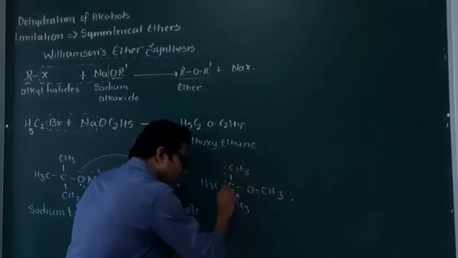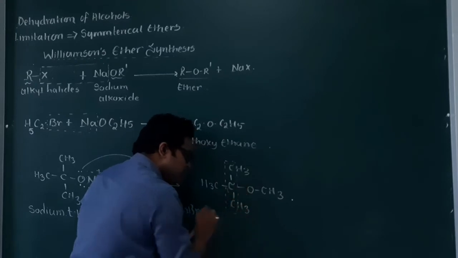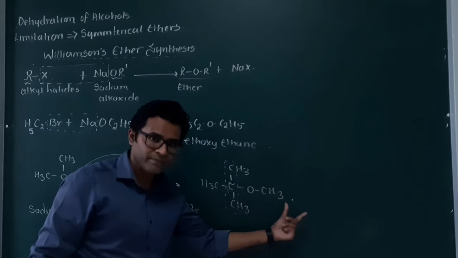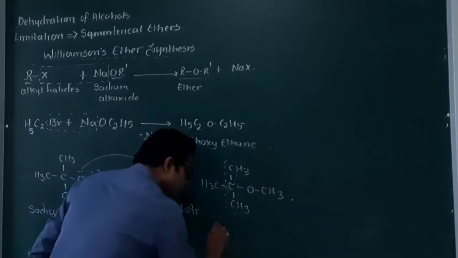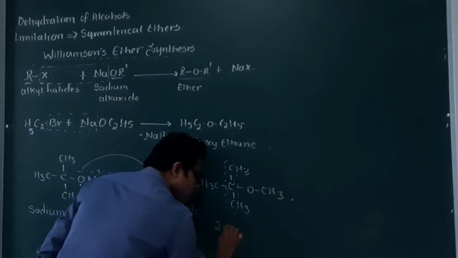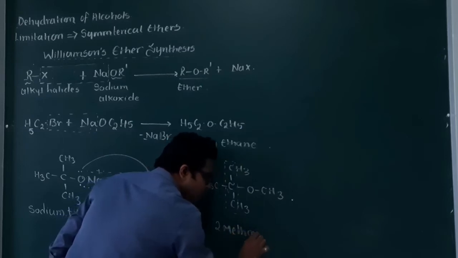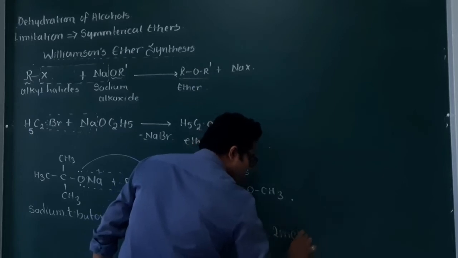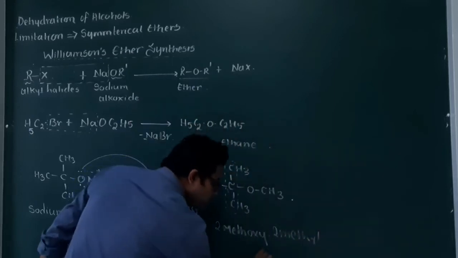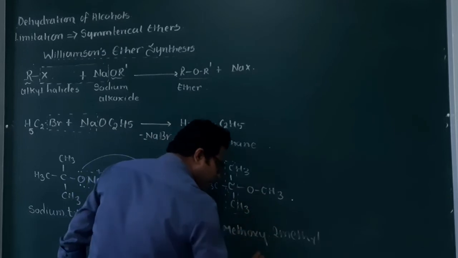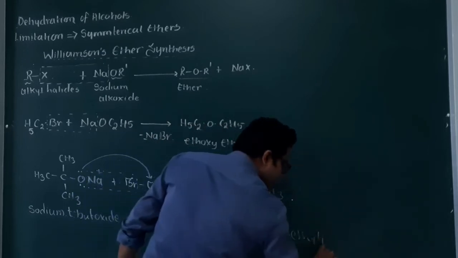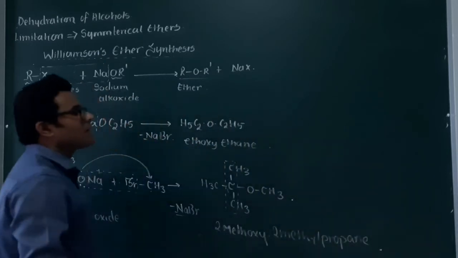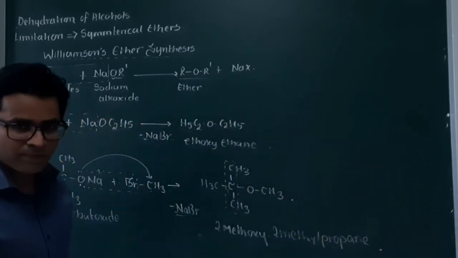Let us select the longest possible carbon chain. At position 2 I have a methyl, and at position 2 I have a methoxy. So it becomes 2-methoxy-2-methylpropane. Okay, this is how the entire reaction occurs.